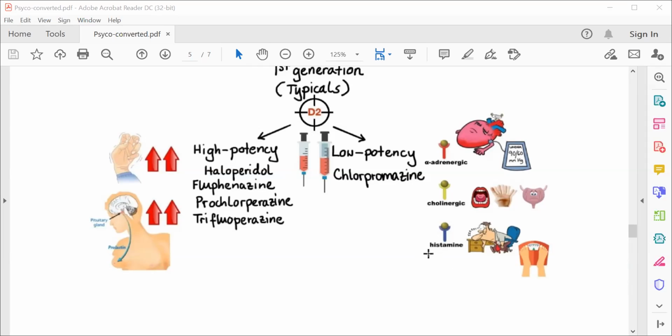What happens when you take an antihistaminic like Benadryl, chlorpheniramine maleate, or diphenhydramine? What are the side effects? Usually we give the antihistamine when someone has a runny nose, so they stop the runny nose, the itchiness, the hives.